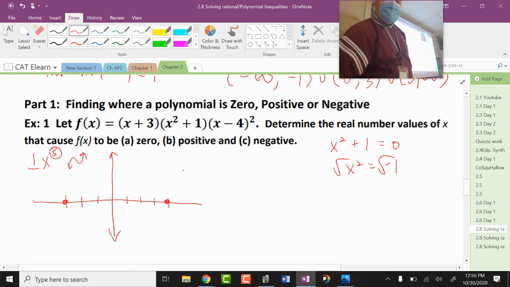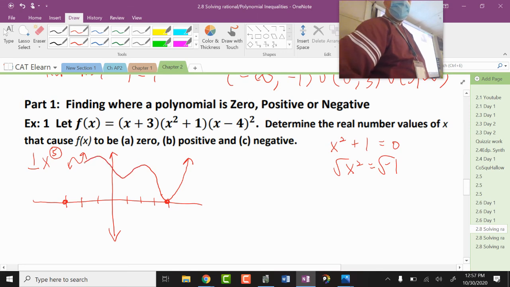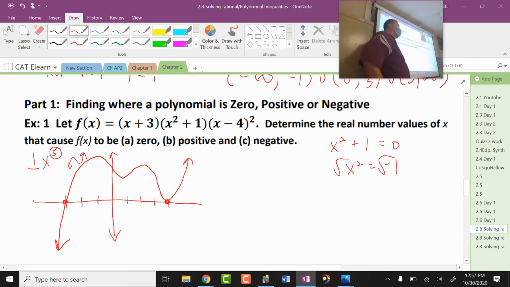So you said it had to be a bouncer and it's got to end up. So the only way that could happen is like this. That's it. That's how it has to end. So that's how I start this picture. And then that imaginary 0, well, just with all that extra power, there might be some little waves in there, but it's definitely going to end like that. What it's going to look like in the middle doesn't matter. It's going to be above.